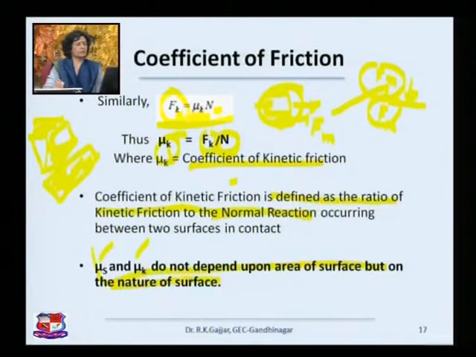This has nothing to do with friction. Both mu s and mu k depend only on the nature of the surface, the roughness of the surface and the other properties of the material itself, but not on the area.